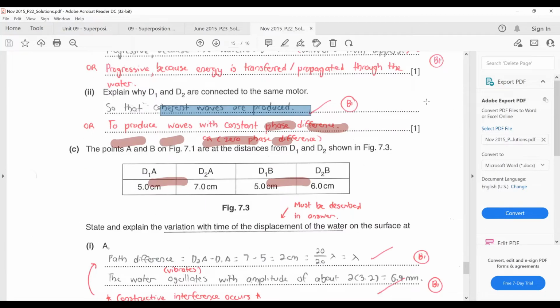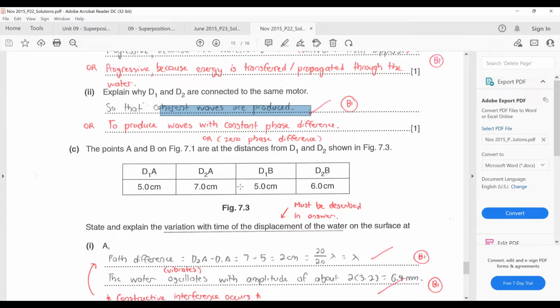Now look at part C. This one is talking about path difference already. Two points A and B on figure 7.1 are at distances D1 and D2 as shown in figure 7.3.